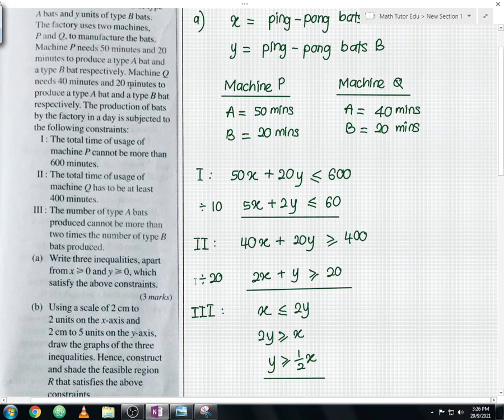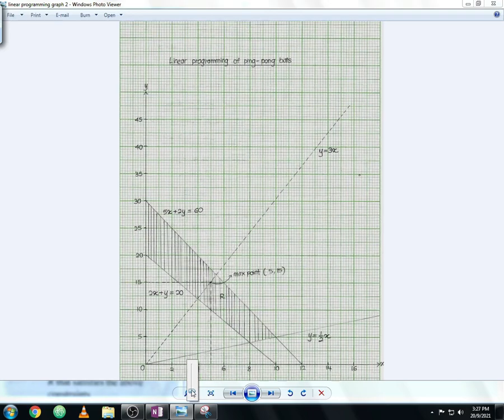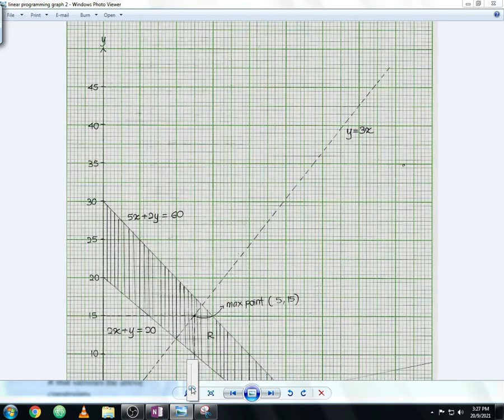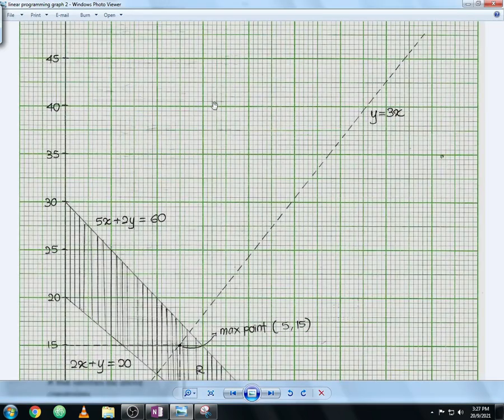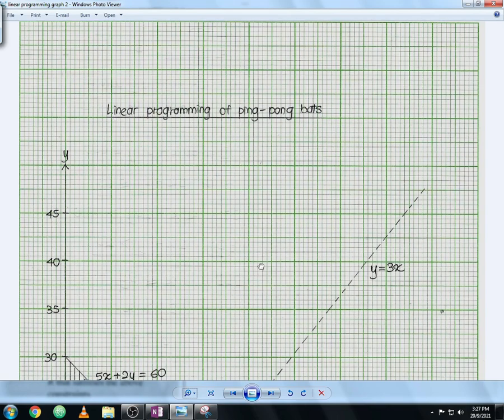Please wait. So this is the complete graph, the linear programming of the ping pong bats. If you can't see it clearly, let me zoom in for you. I hope this is clear enough. This is the title of the graph, linear programming of ping pong bats.